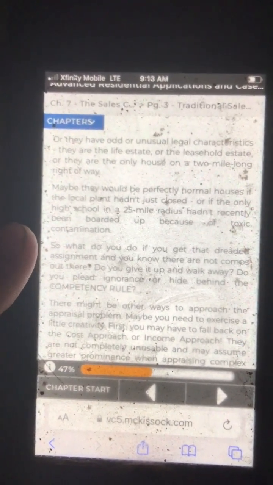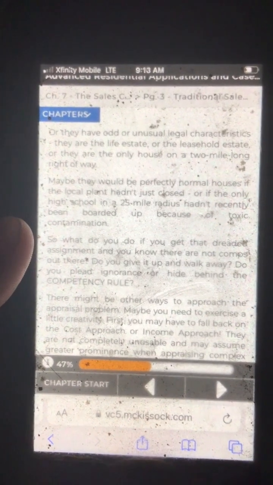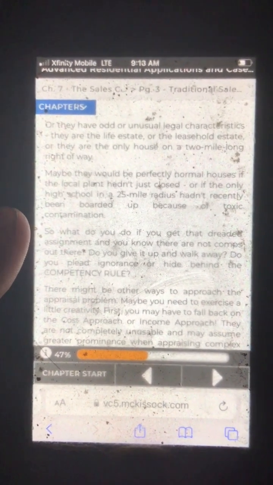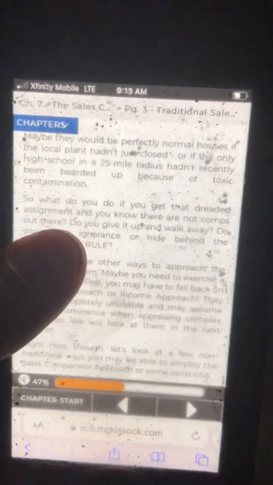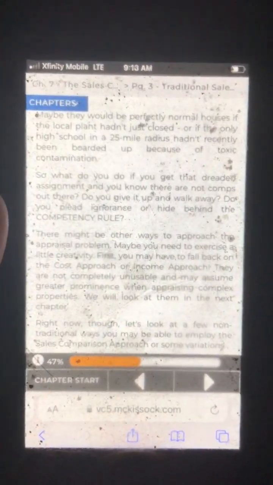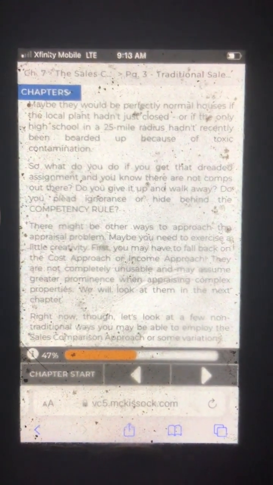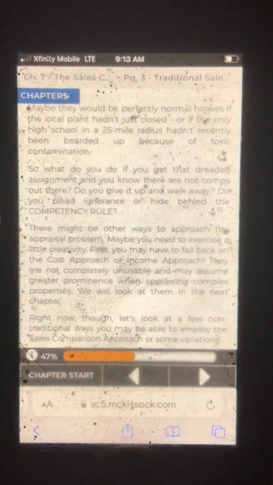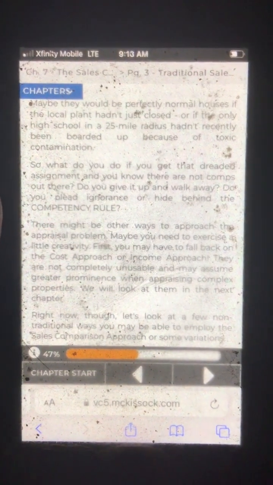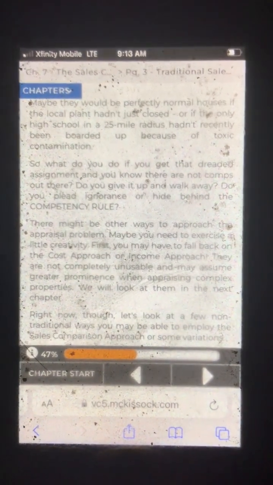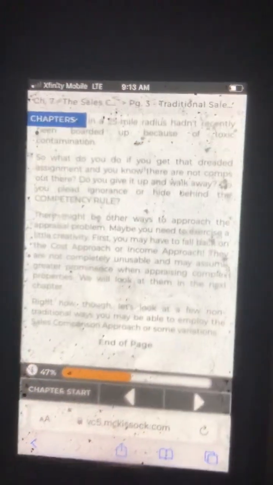They are the life estate or the leasehold estate, or they are the only house on a 2-mile long right of way. Maybe they would be perfectly normal houses if the local plant hadn't just closed, or if the only high school in a 25-mile radius hadn't recently been boarded up because of toxic contamination.